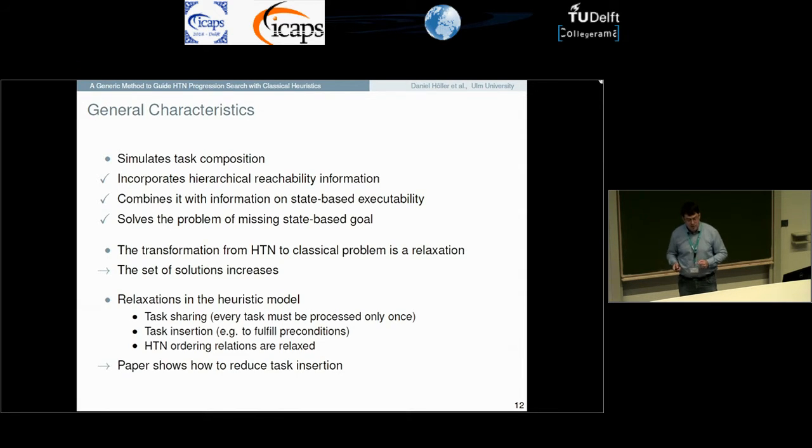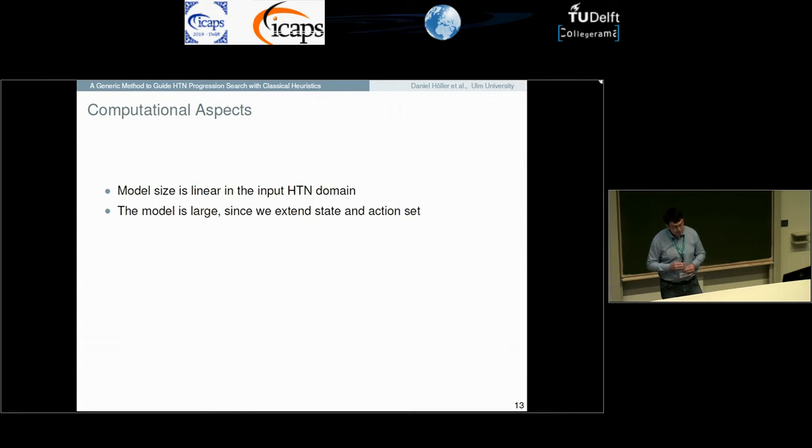Now, we show in the paper a way to reduce the task insertion, but it can't be prohibited fully. Now, the resulting model is quite large, but it's still linear in the input HTN domain.